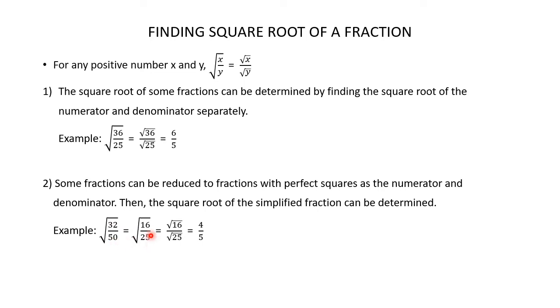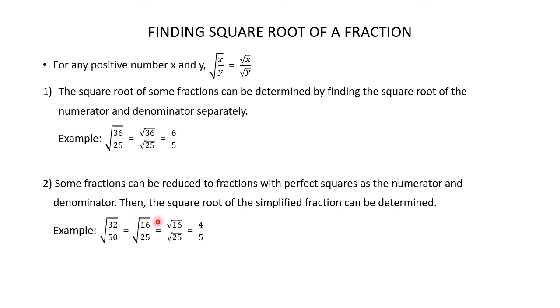So 16 upon 25 is the reduced form of 32 upon 50. So square root of 32 upon 50 is nothing but square root of 16 upon 25. Now you can find the square root of 16 by 25 by finding the square root of the numerator and square root of the denominator separately.